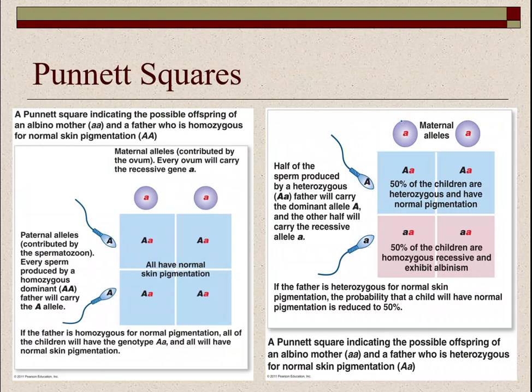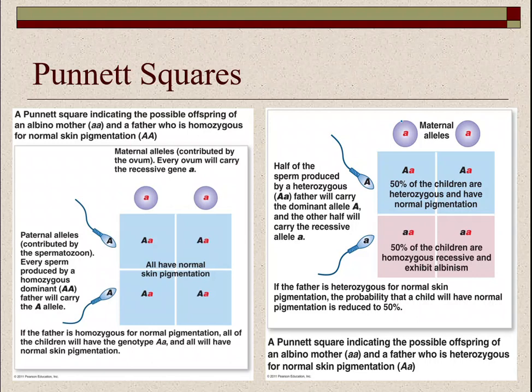So how can we determine the probability of an offspring expressing a particular genotype or phenotype? How can we determine the possibility of an offspring inheriting a genetic condition? What can we use?